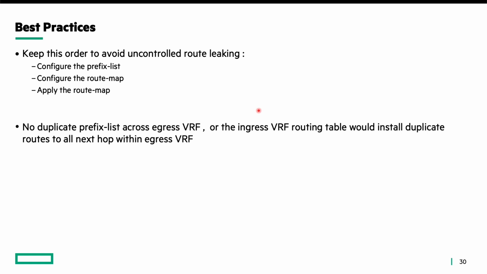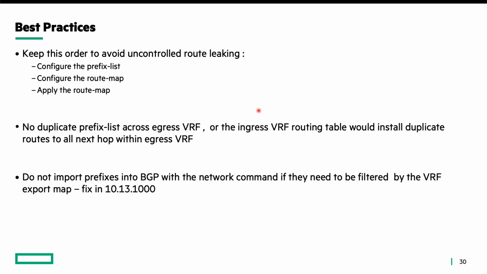If you leak the same prefix to an ingress VRF, the problem is that this ingress VRF will install these different routes into its routing table, which will make it completely unusable because it's not possible to do an ECMP between different VRF.